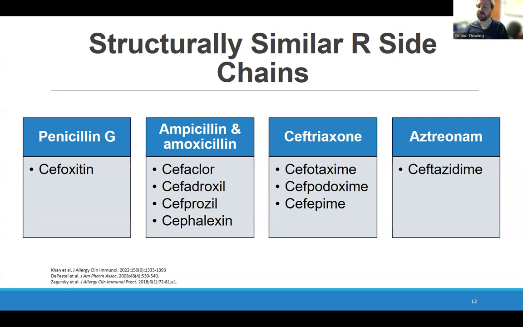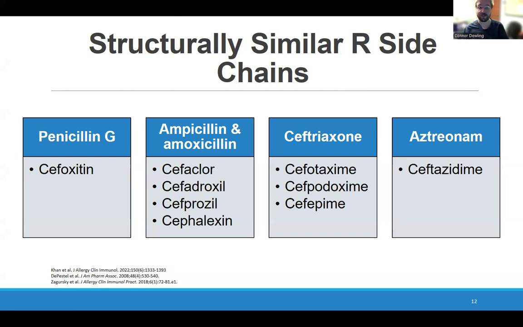On the other hand, ceftriaxone, that third generation cephalosporin, has a similar structural side chain to cefotaxime, cefpodoxime, and cefepime. Aztreonam, as I mentioned, has a very low risk of cross-reactivity with a penicillin allergy, but it does share a structurally similar R side chain with ceftazidime.